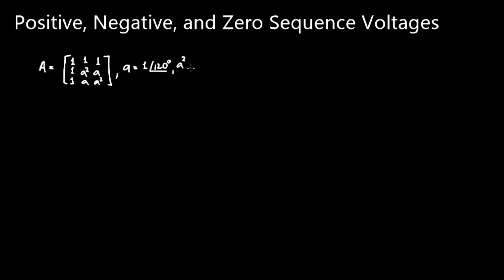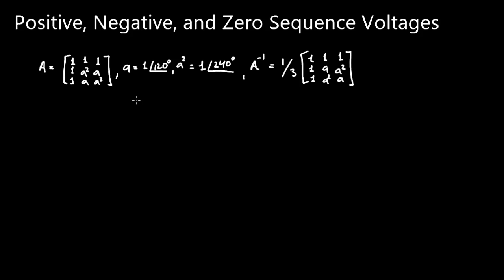And if we take the square of that, we would get that A squared would be 1 at 240 degrees. And then we also calculated the inverse of that matrix, and we said that A to the minus 1, in other words, the inverse of the A matrix, was equal to 1/3 of basically the same matrix, but we're going to swap the A squares with A's. So we would get 1, 1, 1, 1 over here, 1, A squared, and A over here.